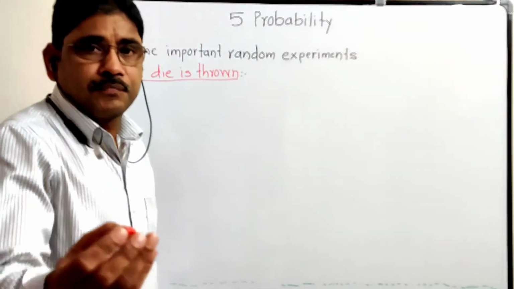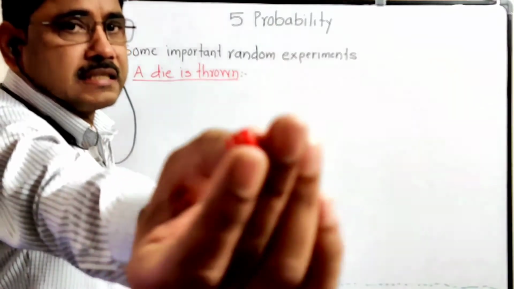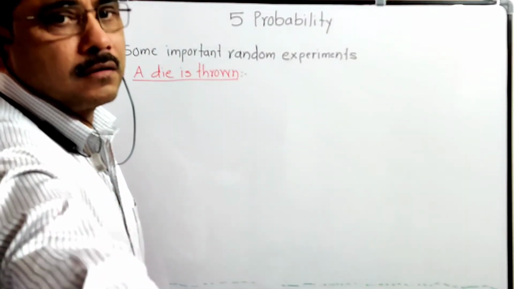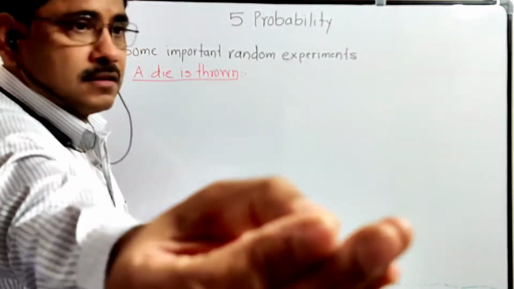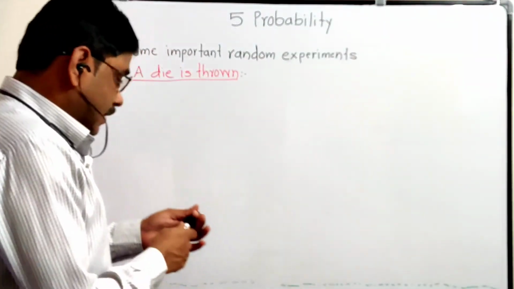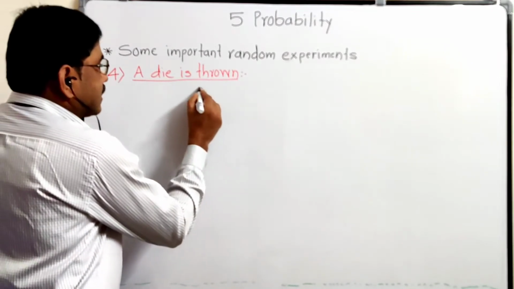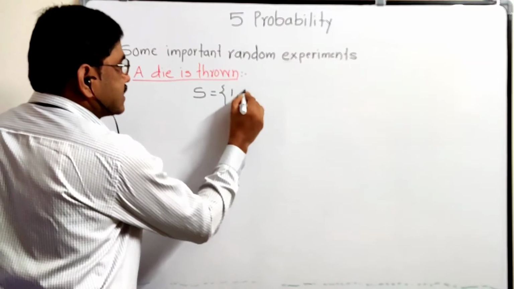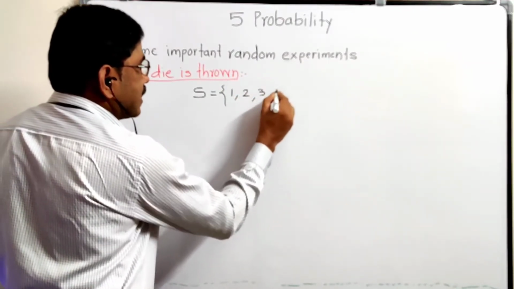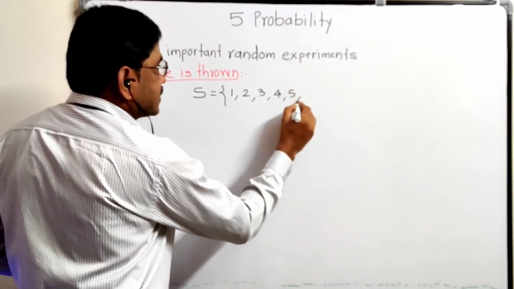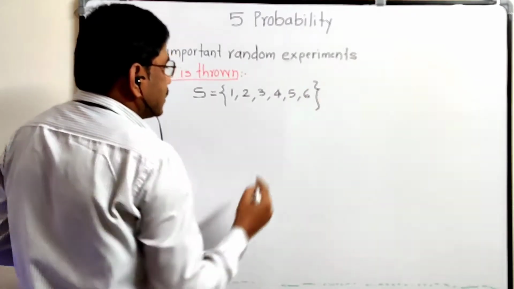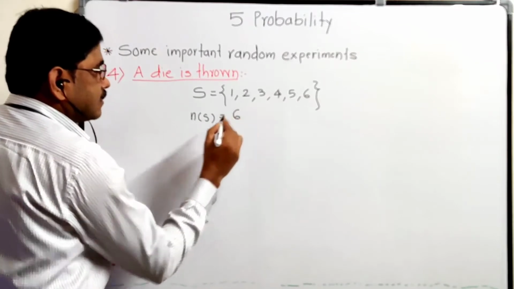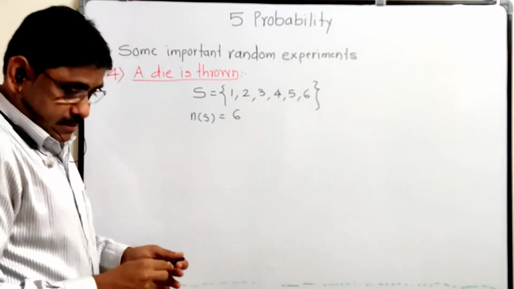A die has a maximum of 6 dots. If we throw it, what are the possibilities? S is equal to: on the upper face either 1, 2, 3, 4, 5, or 6. So NS is equal to 6.